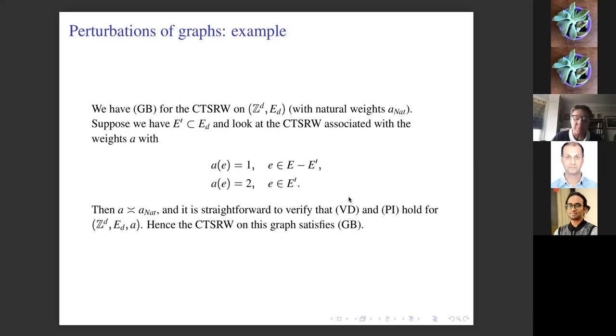Suppose now, though, that we look at a perturbation of the Euclidean lattice Z^d. We choose in some fashion a subset E' of the edges, and we look at the continuous time simple random walk associated with the edges, where off the set E' we just jump across the edge at rate 1, but for the edges in E', we double the jump rate, and so the process jumps at rate 2.